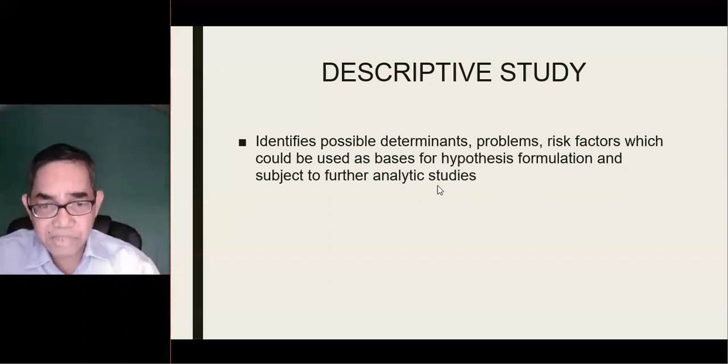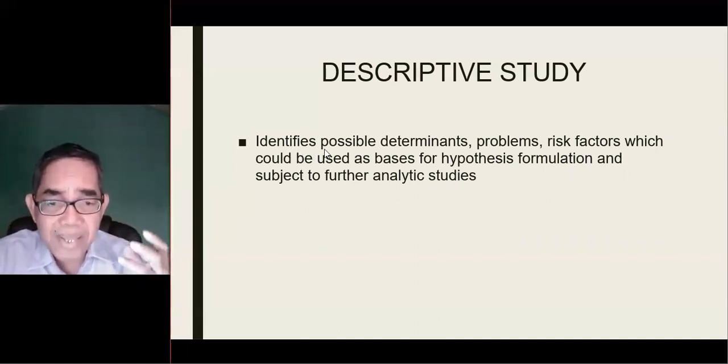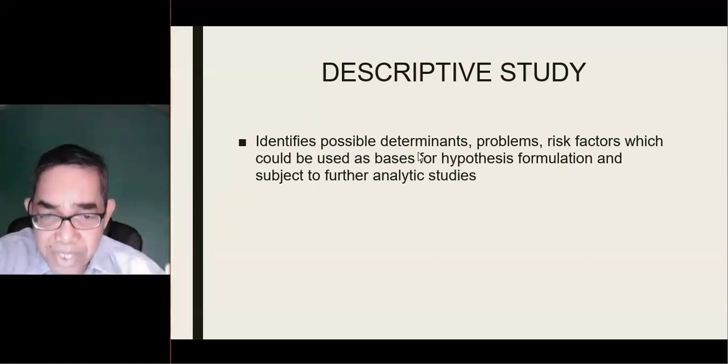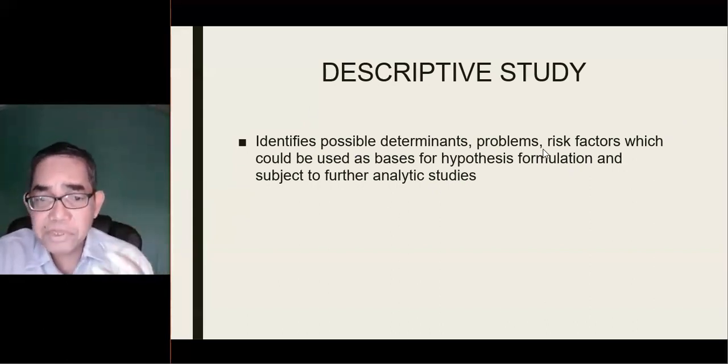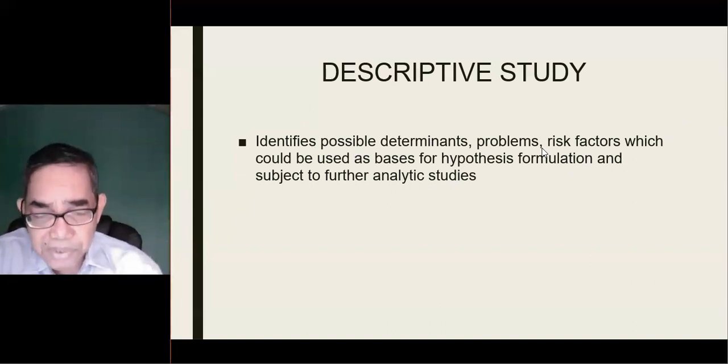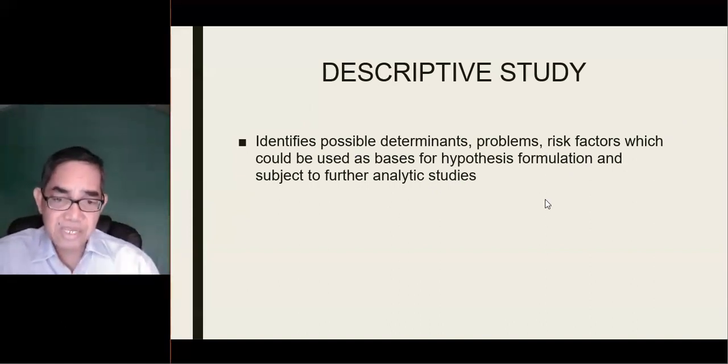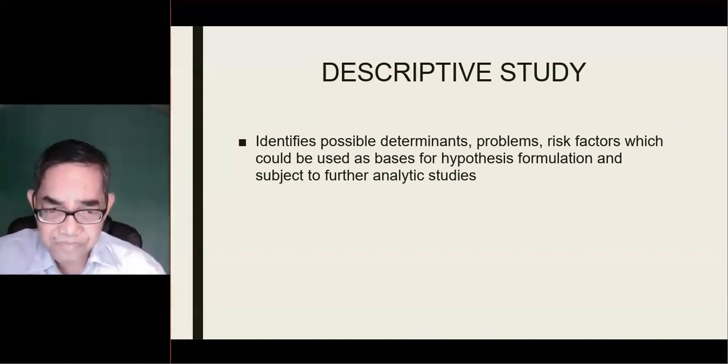Class, let me just emphasize this to you. When we talk of a descriptive study, it only identifies possible determinants, because if a study looks into the determinants, problems, risk factors of a disease, that study is an analytic study.